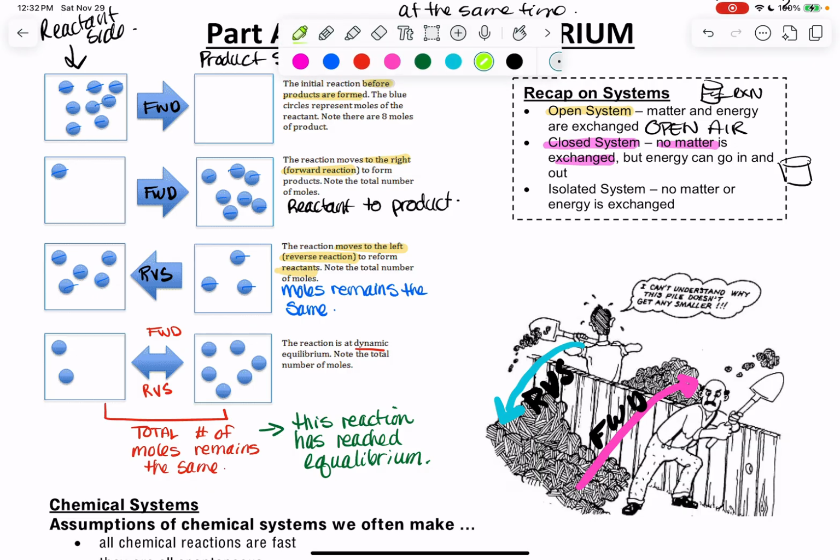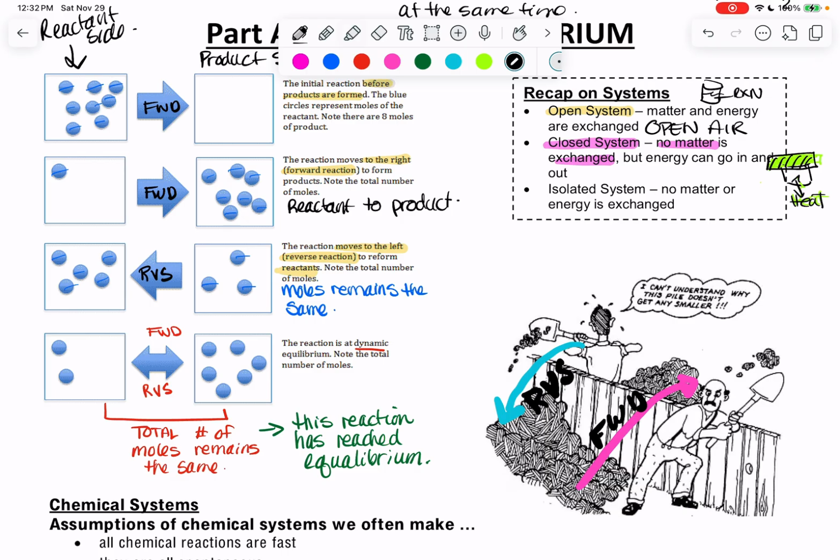It has a lid on it here that keeps the matter inside, but we can release heat. It has that lid on it, stops things from going in and out, but heat can be transferred one way or another, depending on whether this is endothermic or exothermic.